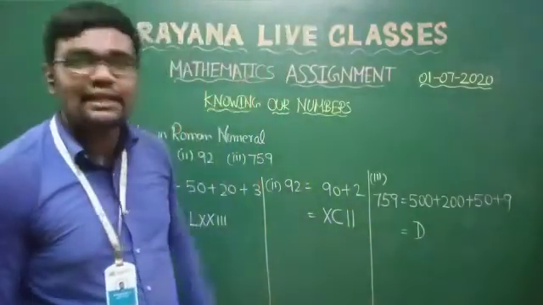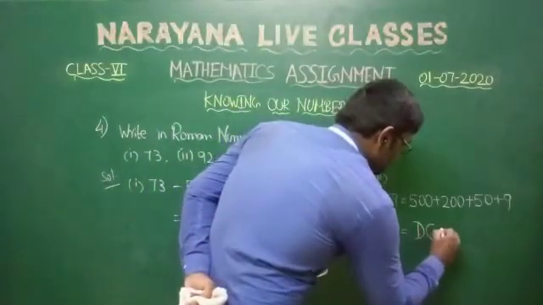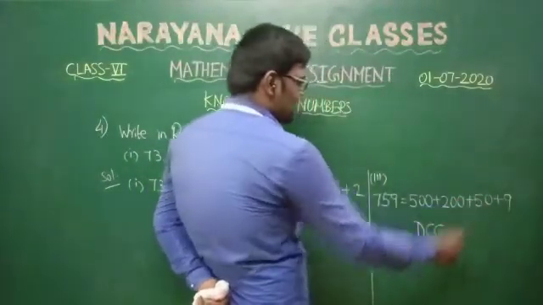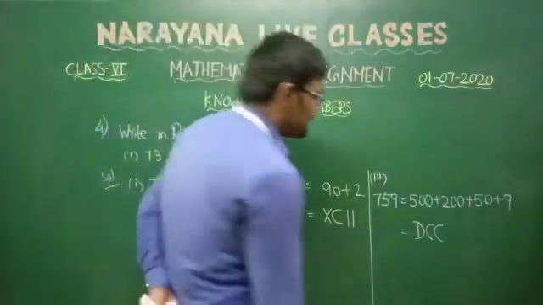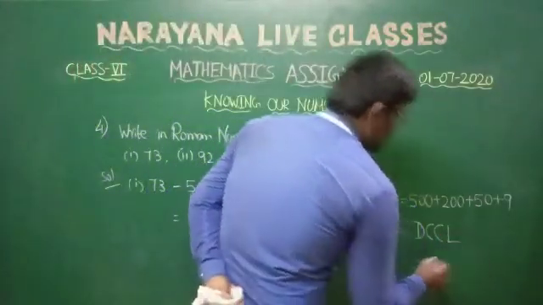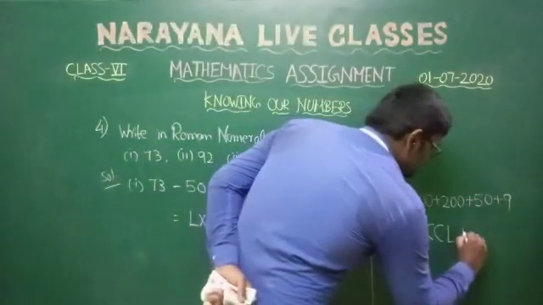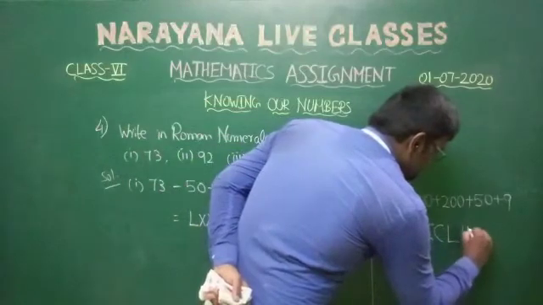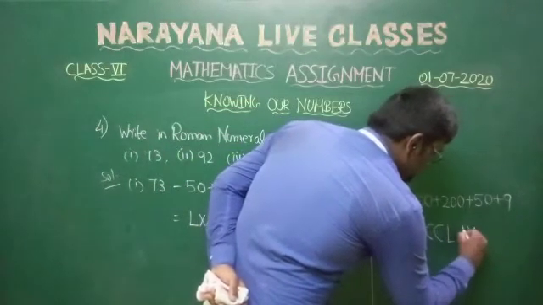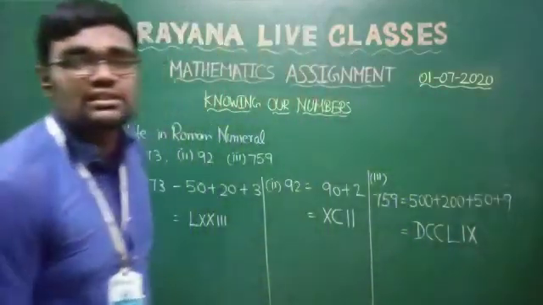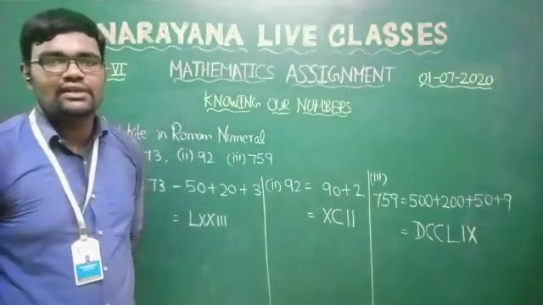What is 100 here? C. So two times C. Next, how can we write 50? It is L. And 9? 10 minus 1. So you write it as such. So this is the Roman numeral for the number 759.